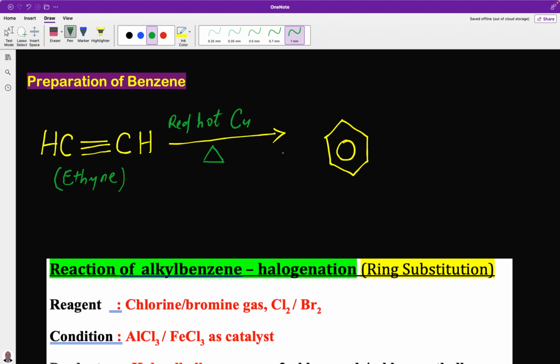This is ethane, and this is benzene. So if you do that, you can get benzene.